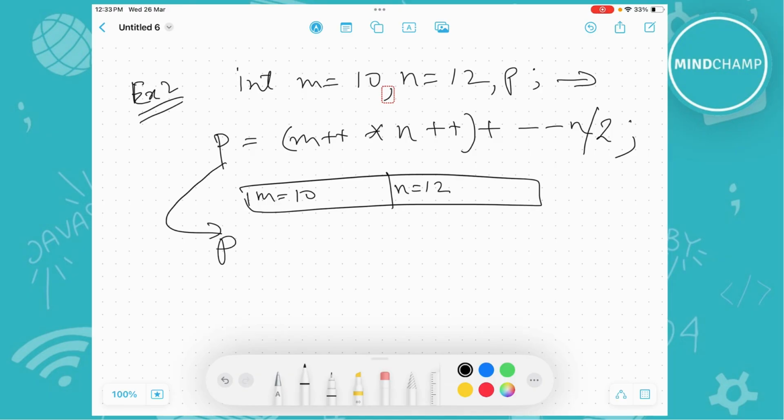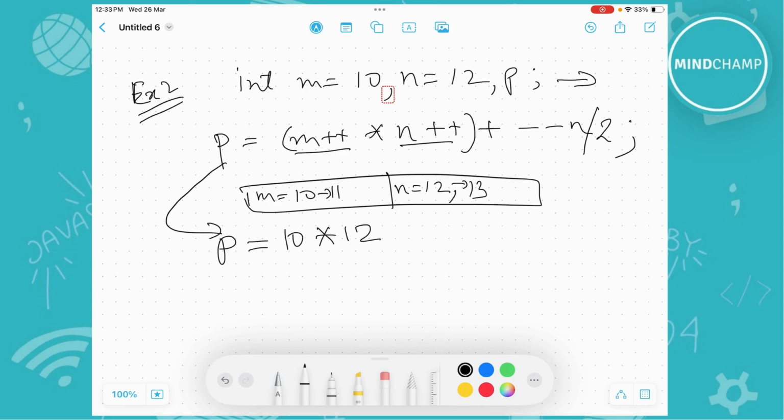Now when we calculate this expression, p is equal to m plus plus. It means that use the current value of m and then increment it. So this will become 11. Multiply n plus plus. So n is 12 currently, so I'll use that and increment it to 13 in the memory.